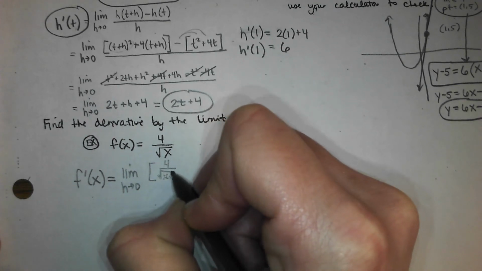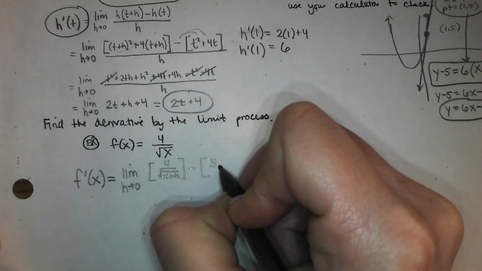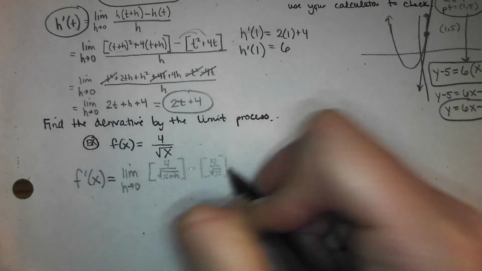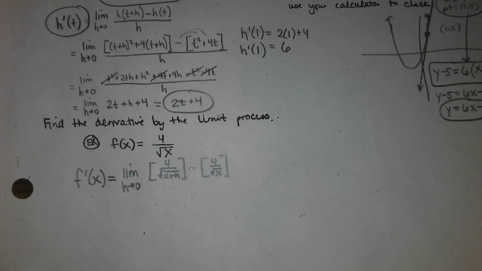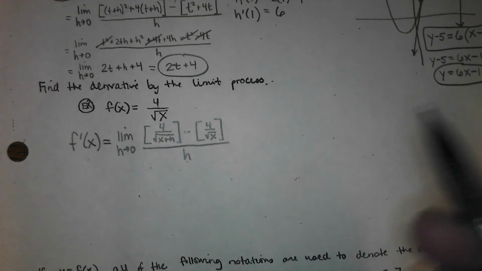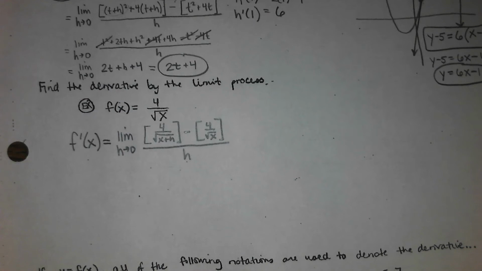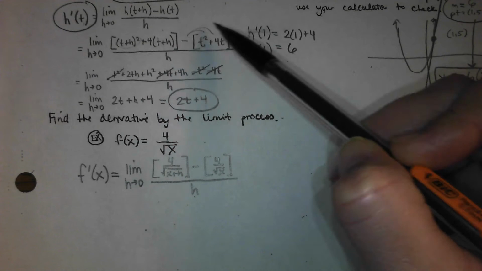Good. Here's f of x plus h. Minus f of x is just subtracting the function, all over h. Now, the brackets there aren't as helpful as they are when you're plugging into a polynomial, because when you're plugging into a polynomial, you really need that degree of separation so that you make sure you distribute your negative.